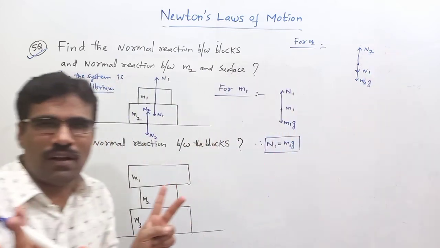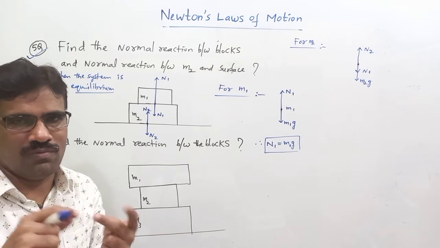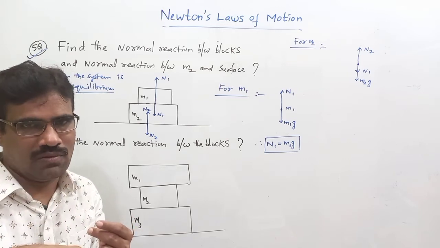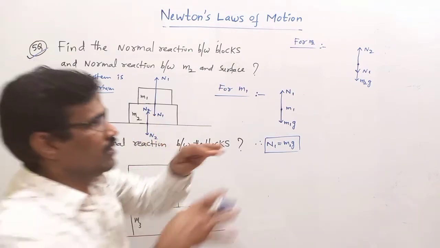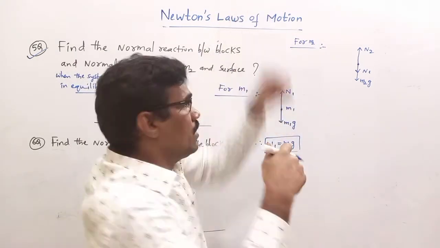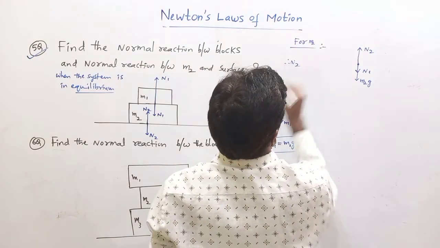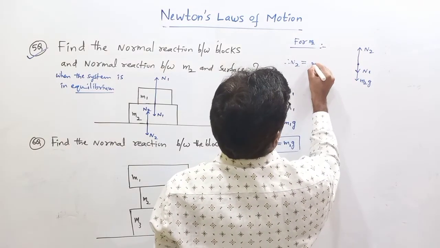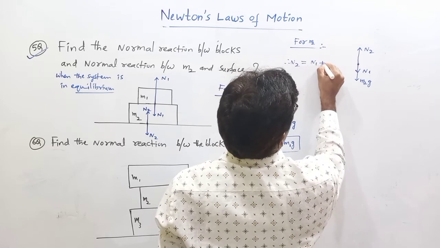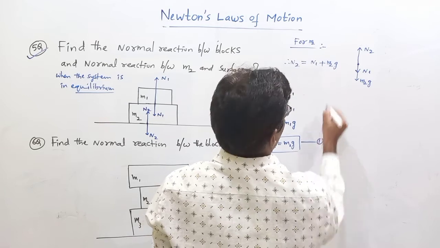Here three forces are acting on M2. One is its weight, vertically downward. N1, vertically downward. N2, upward. Here it is in equilibrium. Upward forces are equal to downward forces. Therefore, N2 is equal to N1 plus M2G. This is equation 2.